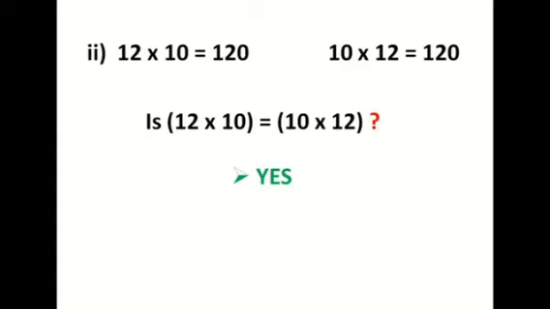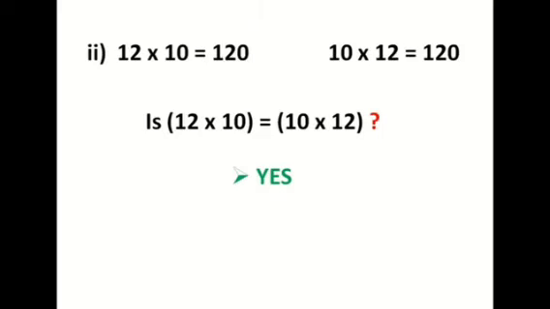So in the previous example, I asked you one question. Can you say what property I am going to discuss? Can you guess it? I hope you can. So let me clear the property first. We have interchanged the place of the whole numbers, but the product didn't change.